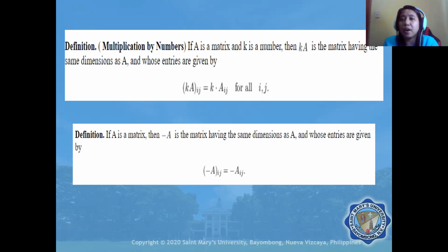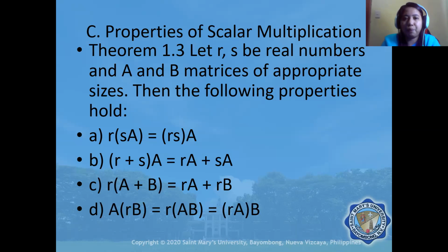So this is for scalar multiplication. Another definition: if A is a matrix, then negative A is the matrix having the same dimensions as A and whose entries are given by (negative A) sub ij, which is of course the same as negative a sub ij.